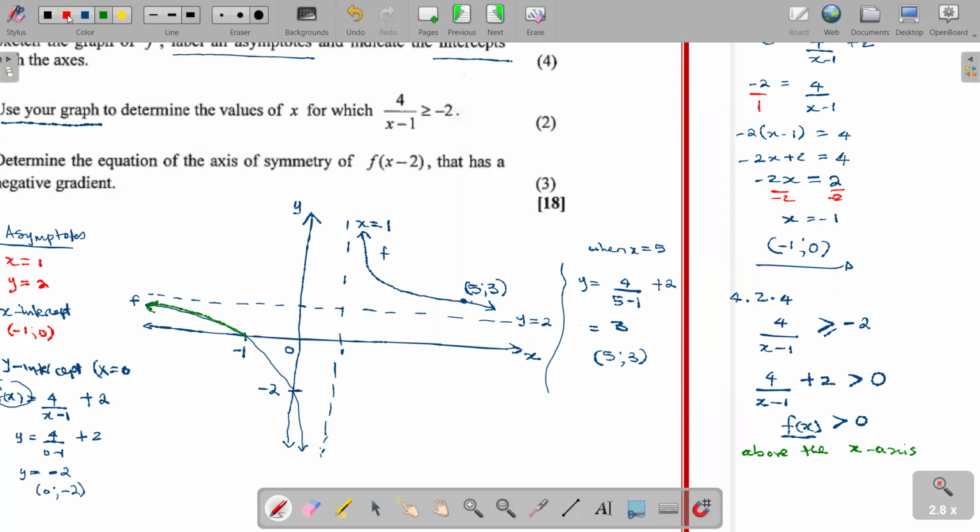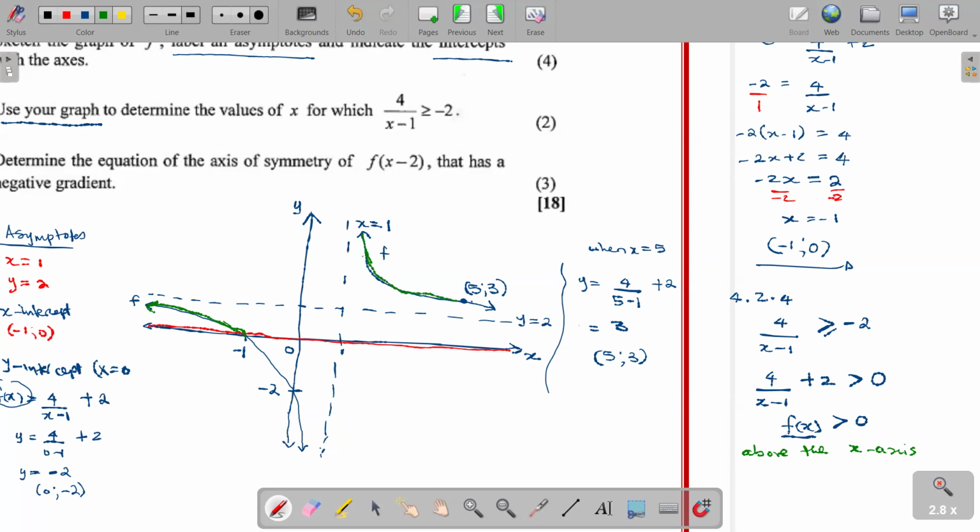Let's put this as our x-axis. In other words, we want the part which is above this red line that I put, the part of the graph which is above this red line. That is this part which I marked in green, here. Then we would realize again that it is also this part here.